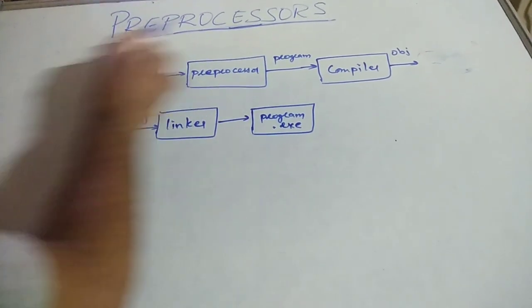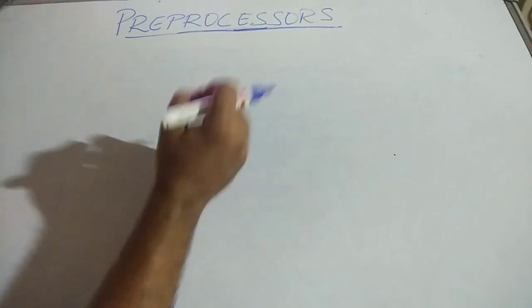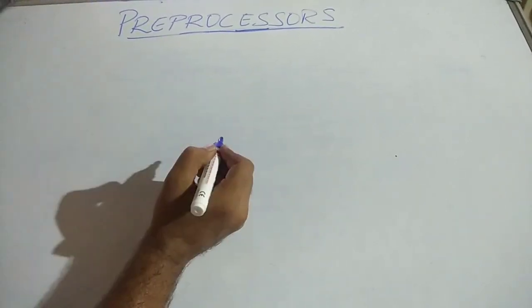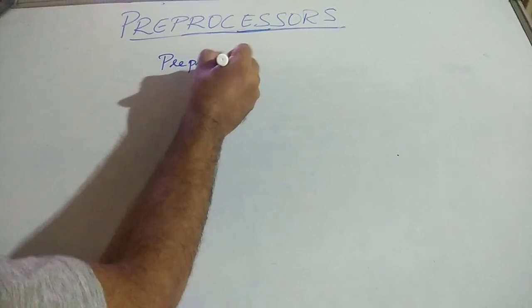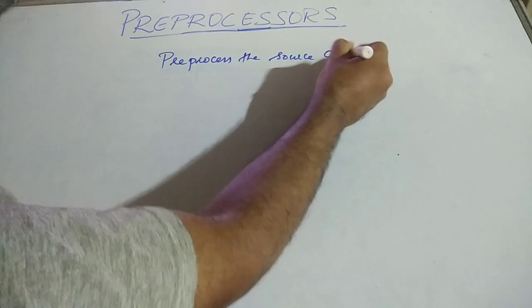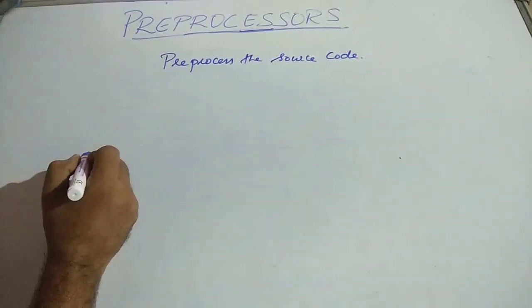Yes. Now we'll go for the preprocessor directive. Preprocessor directives tell the compiler to preprocess the source code before compiling. So this information is given to the compiler. Is it clear?